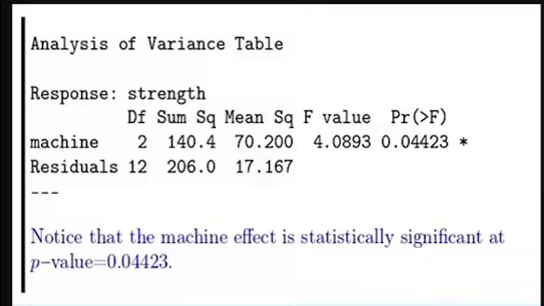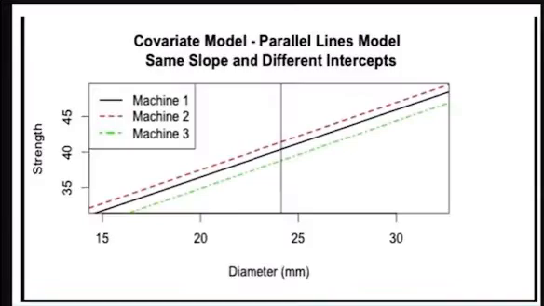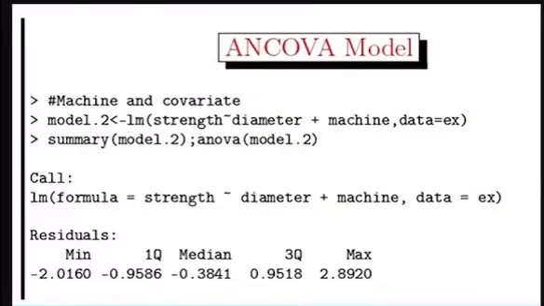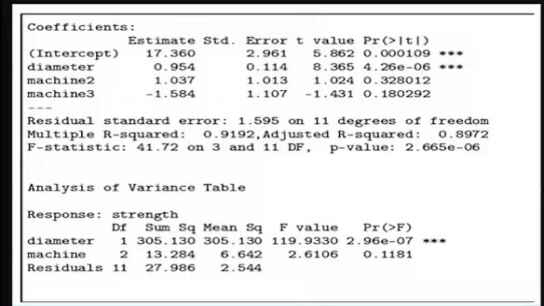When an important variable is missing in your model, then your model will mislead. What is missing here? Diameter. So we need to adjust for that. And in the end, what do you see? Machine is not significant after adjusting for the covariate diameter. That is what we mean.